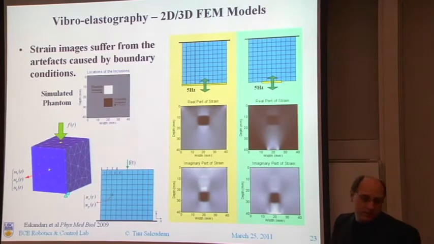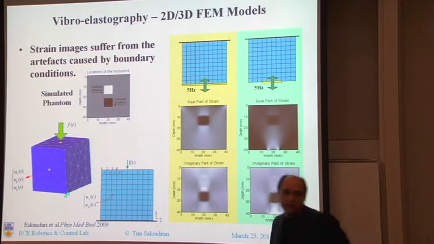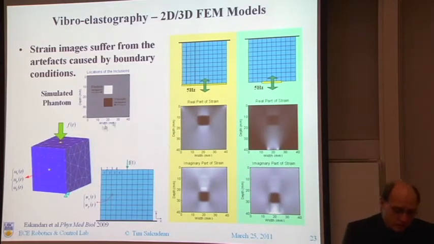But strain images suffer from artifacts caused by boundary conditions. So we have here a simulated phantom with two enclosures, a stiffer elasticity and a different viscosity enclosures. So if you look at, say, frequency of excitation at 5 hertz, and you look at the real part and the imaginary part of the strain, you'd expect to get something that correlates with elasticity and viscosity.